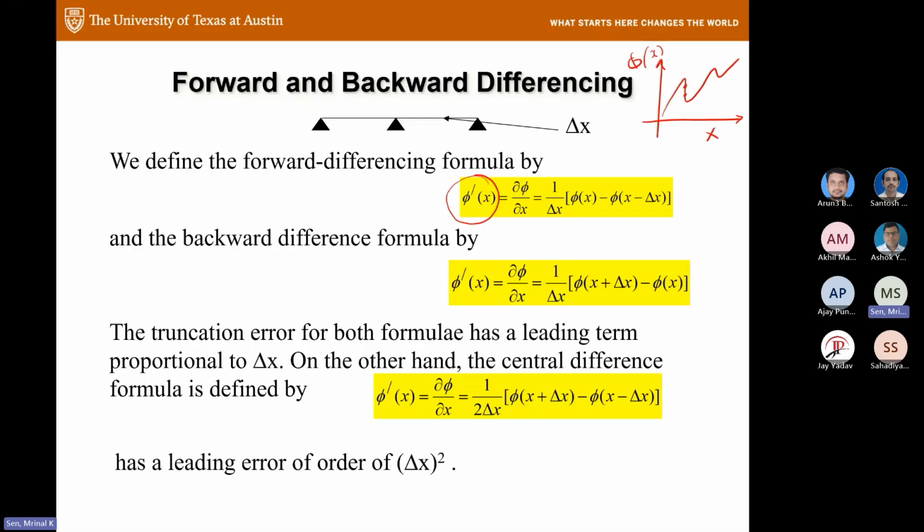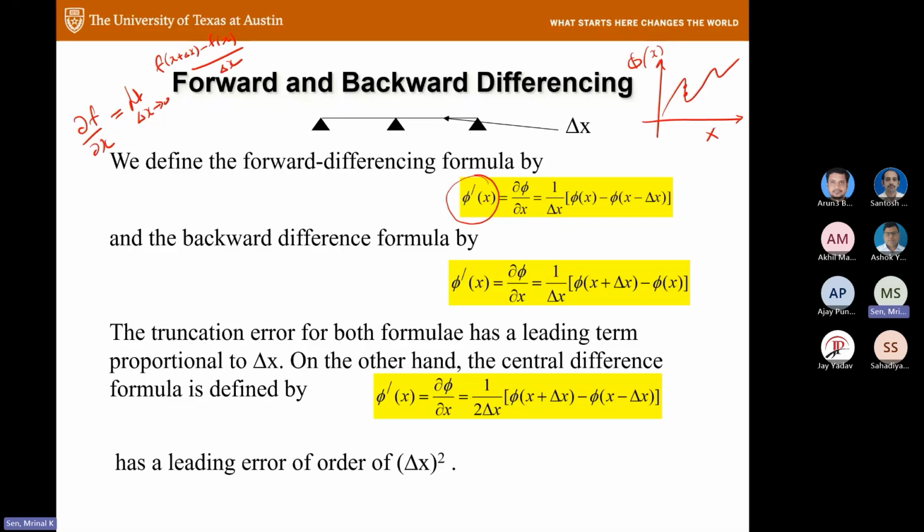So I take the function at a nearby point, take the difference and divide by the distance, right? That is our basic calculus. Remember, df dx is the limit as delta x tends to 0 of f of x plus delta x minus f of x, divided by delta x. Everybody has seen that, right?